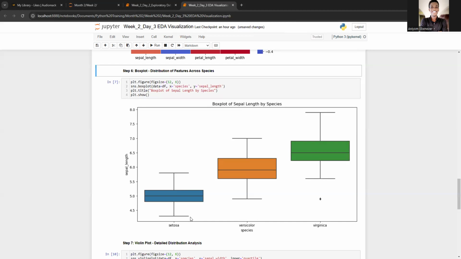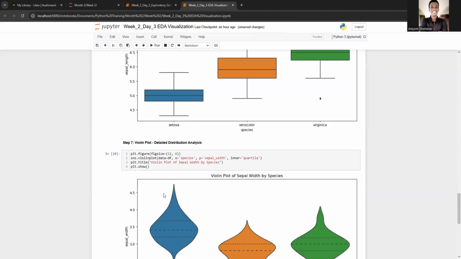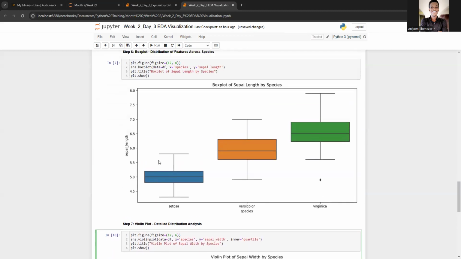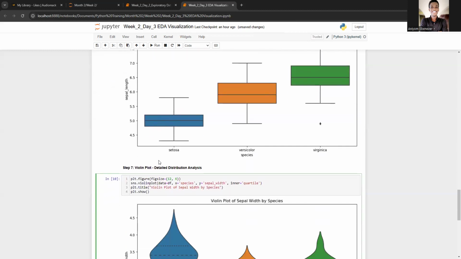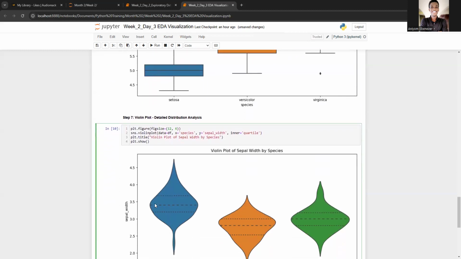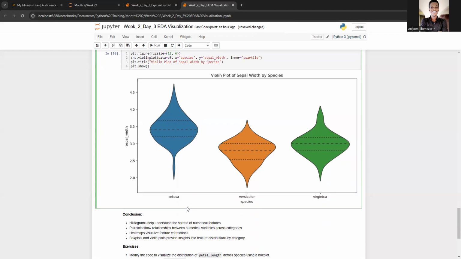This one is your 0 percentile, 25th percentile, 50th percentile, and 75th percentile, just like we explained before. Then violin is also a kind of distribution, but it's more detailed because it gives you where the 75th percentile falls and then where the 25th percentile and the 50th percentile fall.